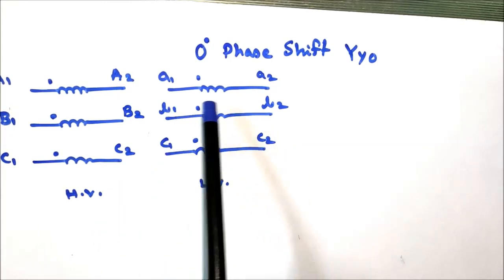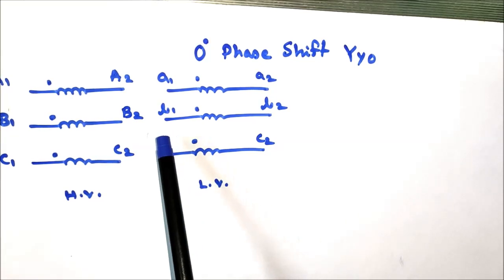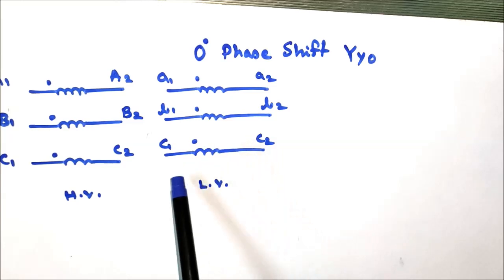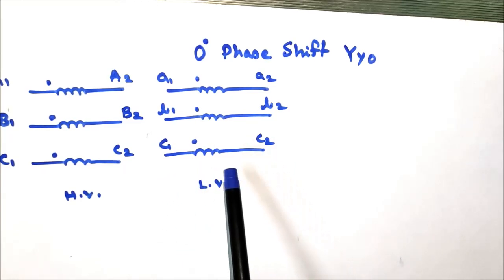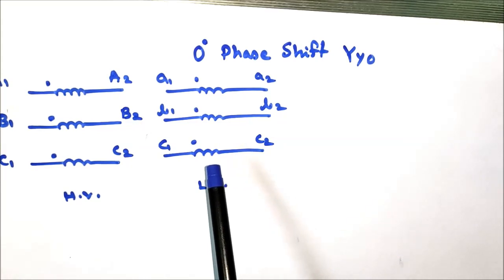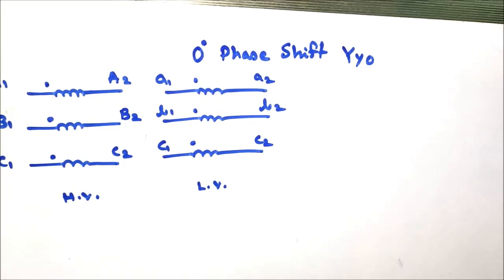Similarly, small a1, a2 represent the R phase of the LV side winding, small b1, b2 represent the LV side Y phase winding, and small c1, c2 represent the LV side blue phase winding. And now, since there is zero phase shift, there will be no phase change in the induced EMF in the HV side with respect to the induced EMF in the LV side.